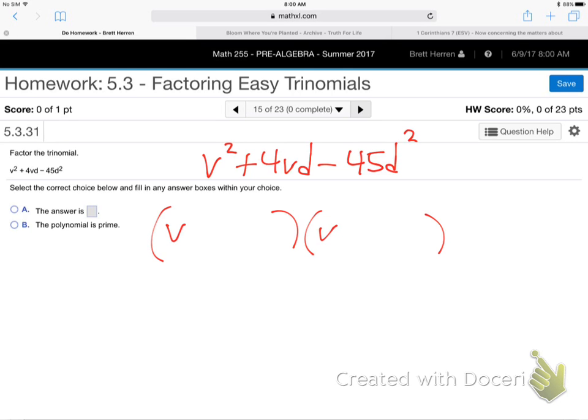So v's in the front. V times v is v squared. And then there's going to be d's in the back. And then you just do the numbers from there. V's in the front, d's in the back.